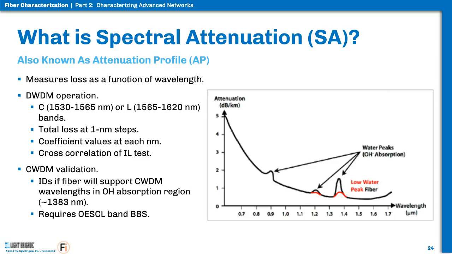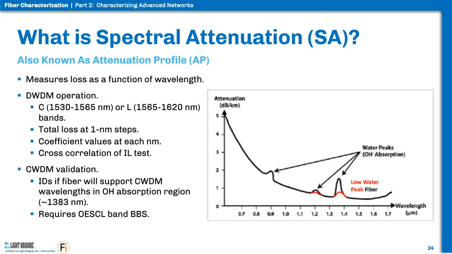In terms of CWDM, we deal with the water peak at 1383, which you see around here where the little red line is lower than the black line. The black line indicates older fiber that had higher water peaks, and with more modern, low water peak fiber we've eliminated a lot of those peaks.